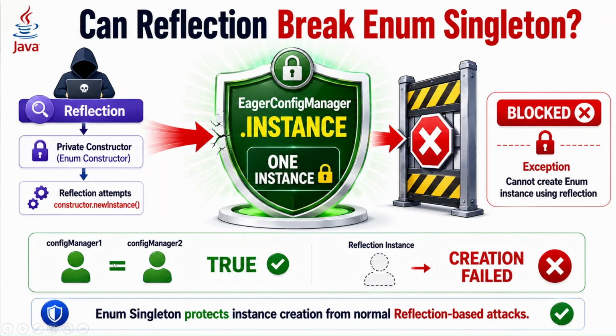This is configManager1 and 2, which we were comparing in our code, and using reflection we tried to create one, but we failed. So enum singleton protects instance creation from normal reflection based attacks. Reflection APIs cannot break our singleton design pattern.